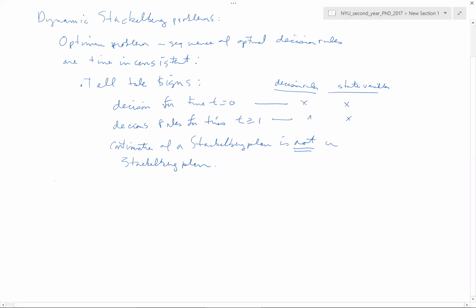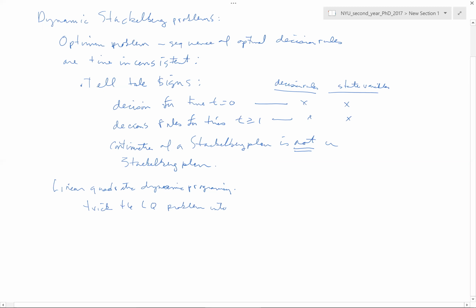Now our tool here is going to be the linear quadratic optimal control, or the linear quadratic dynamic programming. It's still going to be our tool. And this might seem ironic or paradoxical given what I just said. We're going to trick the LQ problem into doing what we want.